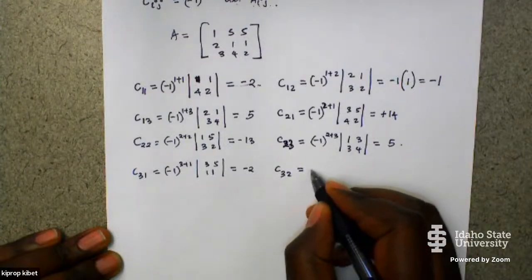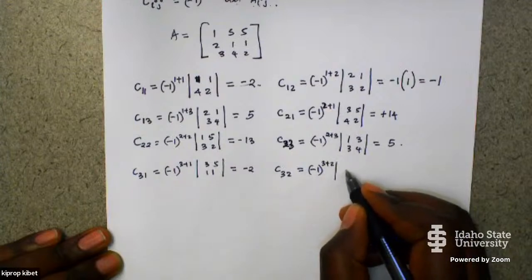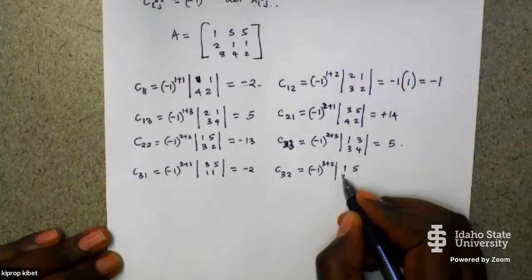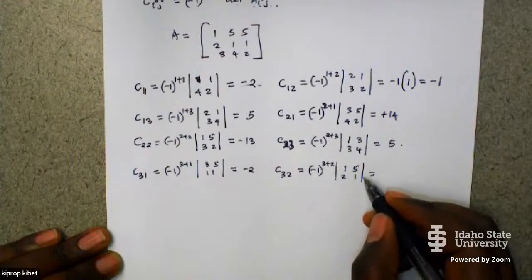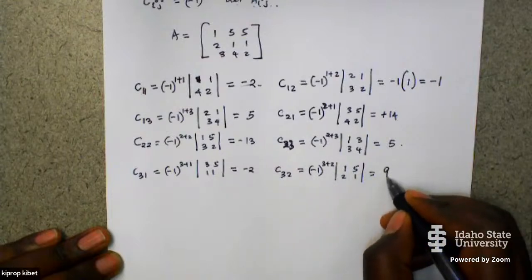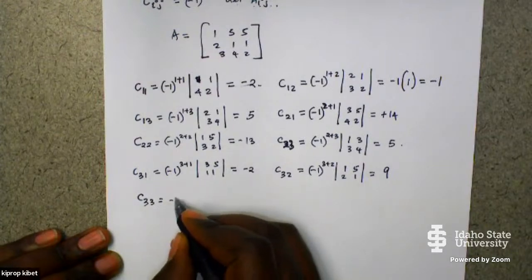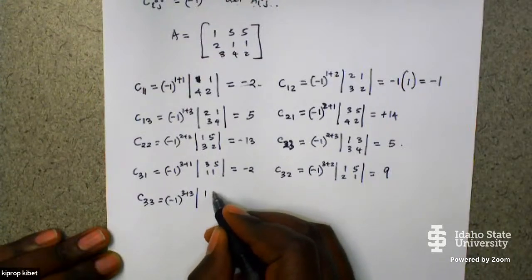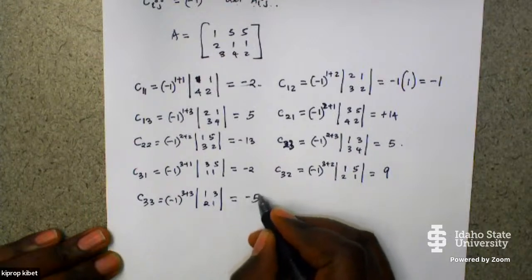C32 equals minus 1 raised to 3 plus 2, determinant of 1, 5, and then 2, 1, which is negative, and it gives us 9. And then finally, C33 equals minus 1 raised to 3 plus 3, determinant of 1, 3, 2, 1, which gives us minus 5.